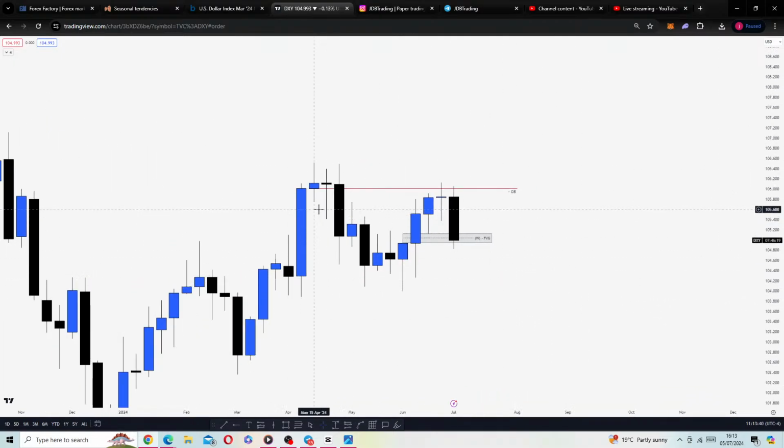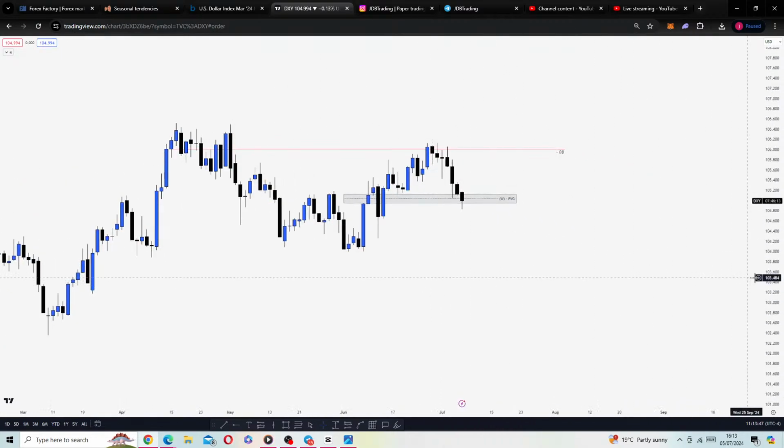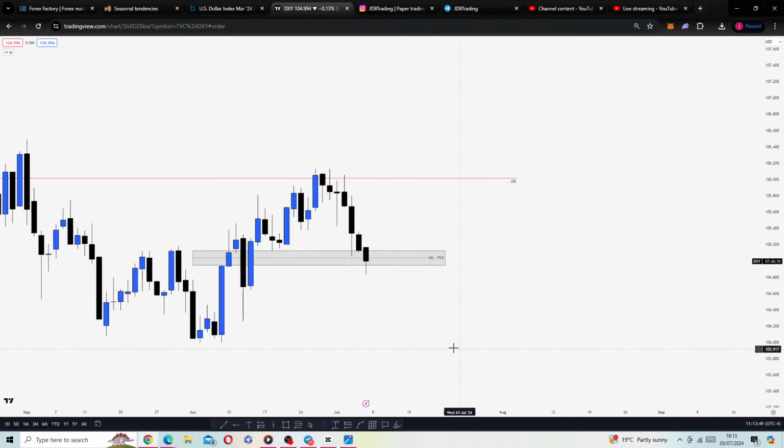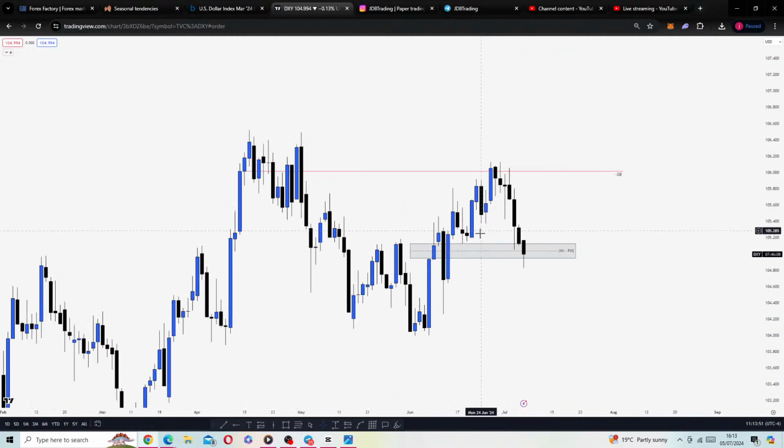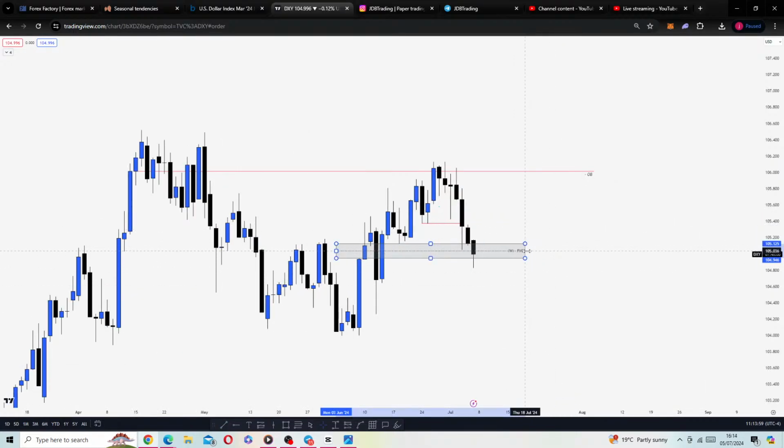So reviewing this week, for example, go down to the daily chart. Right, so we've got a breaking structure here on the daily, and we've continued lower into internal range liquidity, the weekly fair value gap right here.